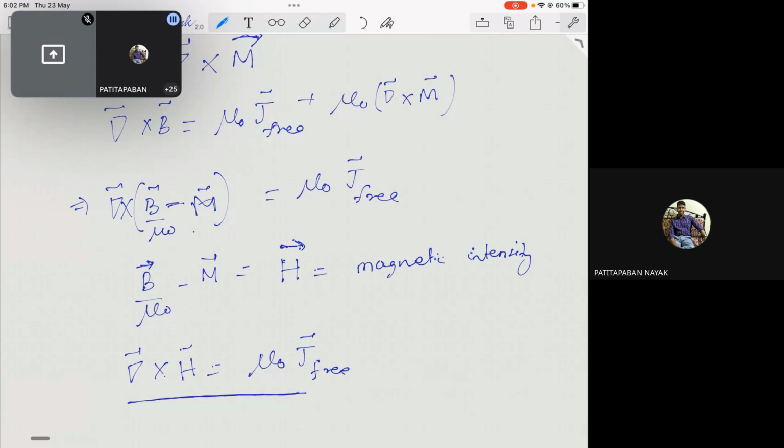Yes, sorry. Because we have divided here, I have taken mu naught to the left-hand side, so it is not there. So the curl of H will be simply the free current density.